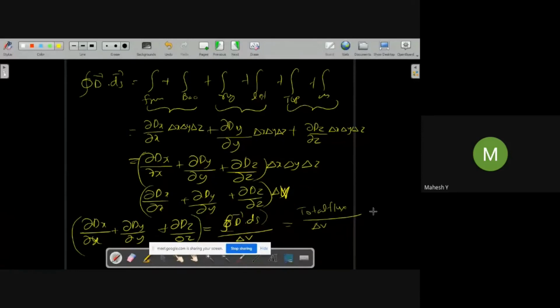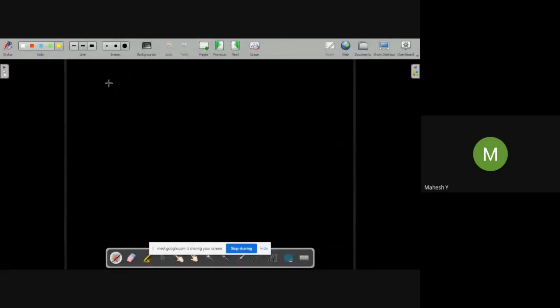So total flux per unit volume, that is what we are getting, right? So this is a very important mathematical concept which we require throughout.